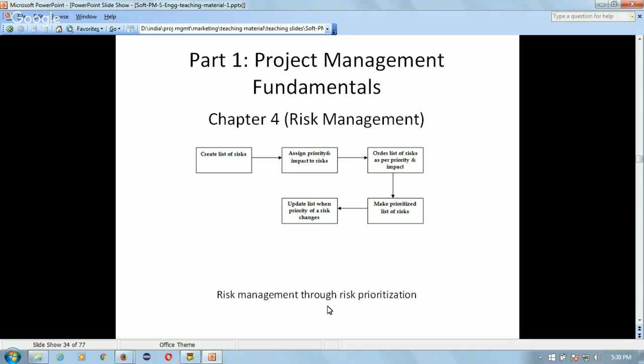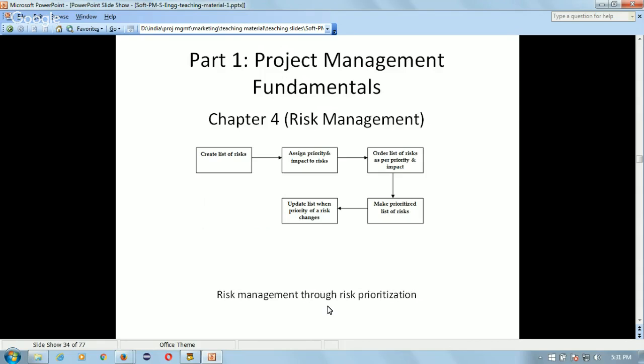So you need to assign the priority for all of these, and also the impact, what impact this can have on the project. For example, the risk related to skills is a high impact risk for the project. Then order the list of risks as per priority and impact.